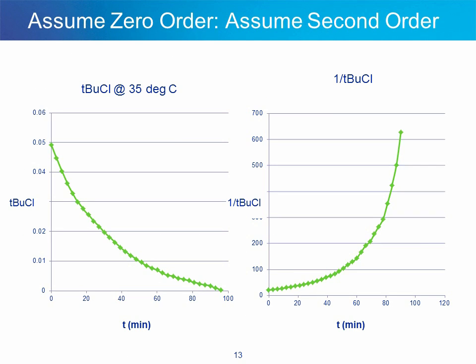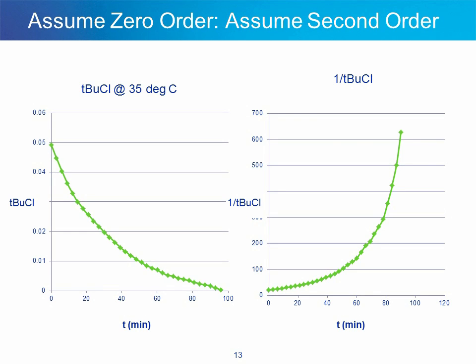The students can then be asked to compare the fit of their data to other rate equations. For example, if the students assume a zero-order rate equation, then they plot the absorbance of tertiary butyl chloride versus time. This is done on the left side of this slide, and the students obtain a curved plot.